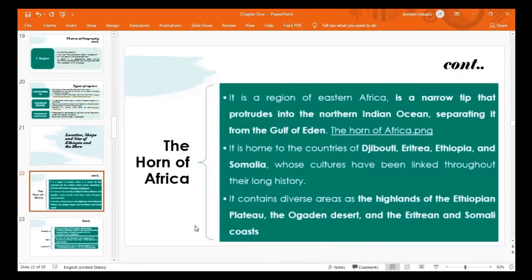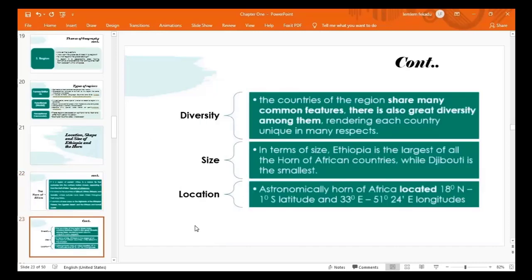And this region contains diverse areas, for instance, the highlands of Ethiopia, the Plateau, the Ogaden Desert, and the Eritrea and Somalia coasts. The countries of this region share many common features. There is also great diversity among them, rendering each country unique in many respects.